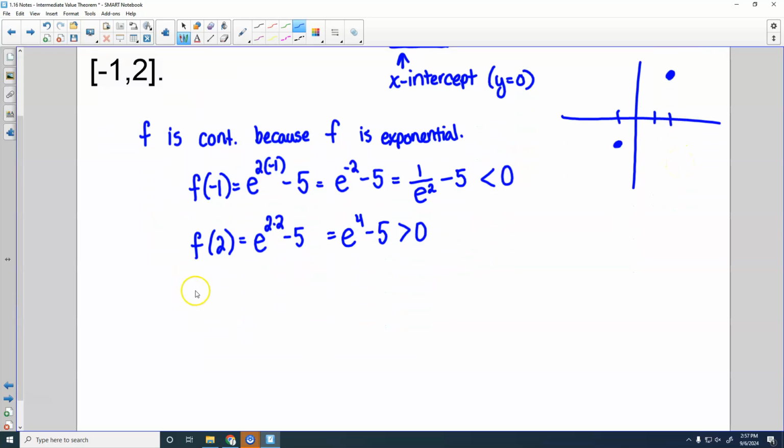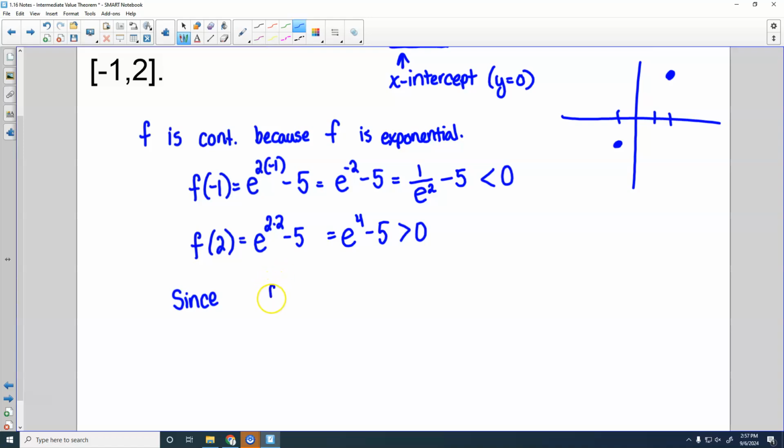So we can say, since, normally I like to use the actual numbers, but we don't know the actual numbers here, right?